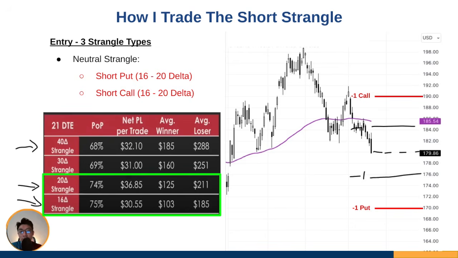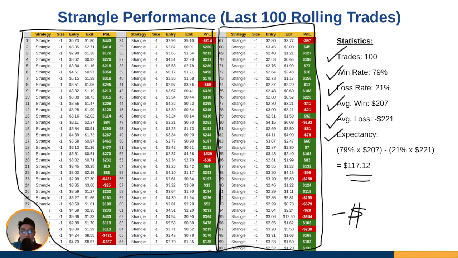As you can see down here, the net P&L per trade is all positive. That's why it's very important to look at it over the long term rather than over just 2-3 trades. If I go back to the table down here, you can see that I've actually suffered about 4 to 5 losses in a row. Let's just imagine that I didn't take this trade for some reason, and then I just went on with these 5 trades.